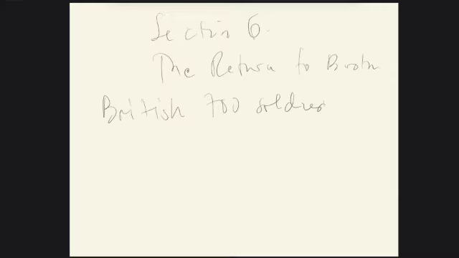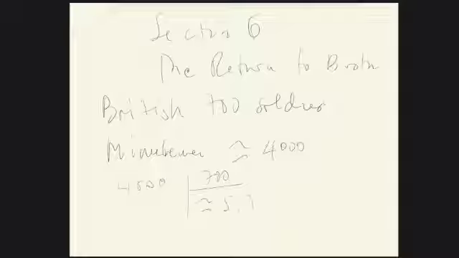The Minutemen were in the thousands, about 4,000. So now from 4,000, the ratio to 700 is roughly 5.7.